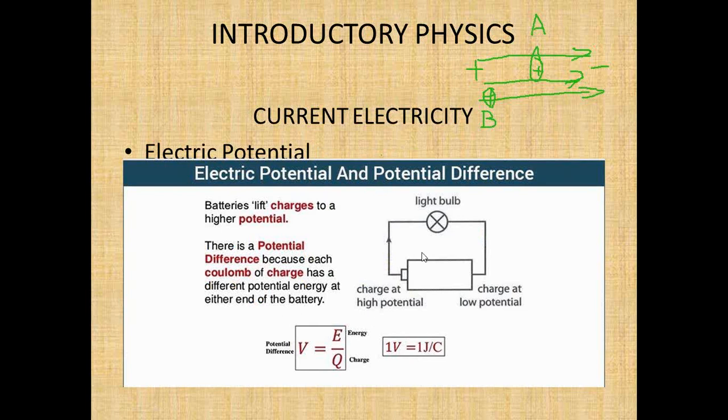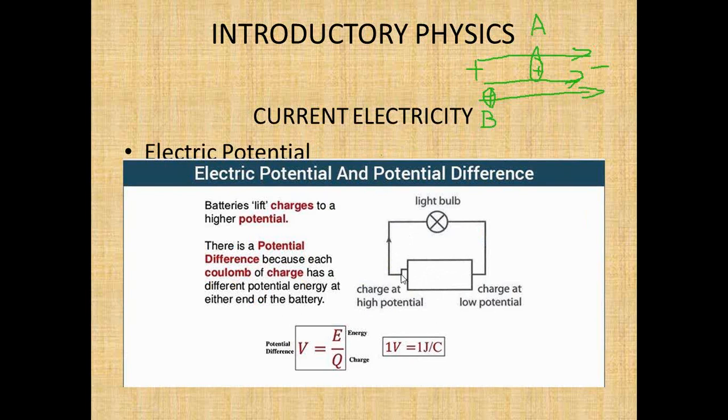This is your internal circuit. This is your external circuit. You're going to lose electric potential energy once you have to light up your bulb. So the battery is going to give us our high potential and our low potential.